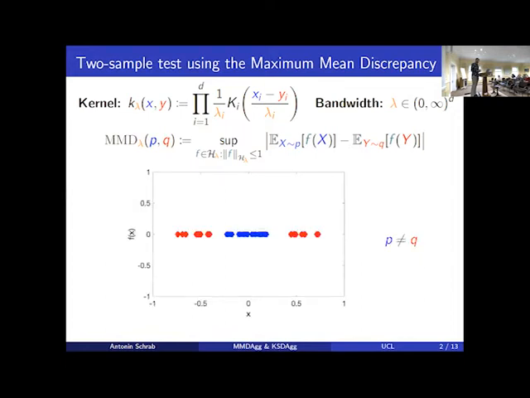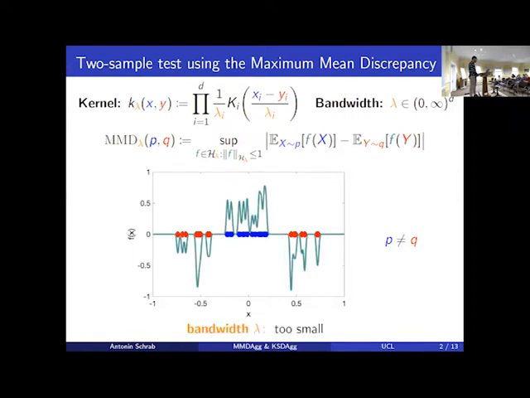To give some intuition about this witness function f and the role of the bandwidth lambda, I'll show some examples. Let's say we have the case where P is different than Q. Those are the samples you get, in red from Q and in blue from P. If you use a bandwidth that's too small, it can be shown that this function, what's plotted is the function f, essentially where the supremum is attained.